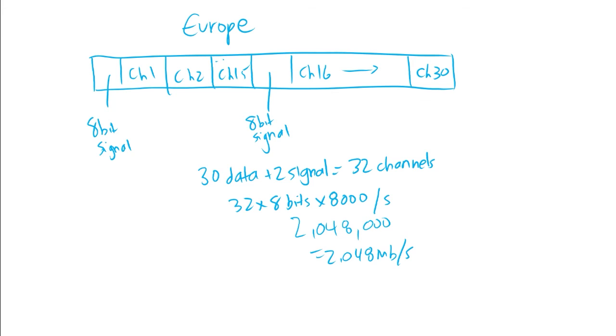Now, you're probably wondering, and we can do this, we can take a bunch of T1s and we can merge them and end up with a really big frame. And now we can multiplex multiple T1s.